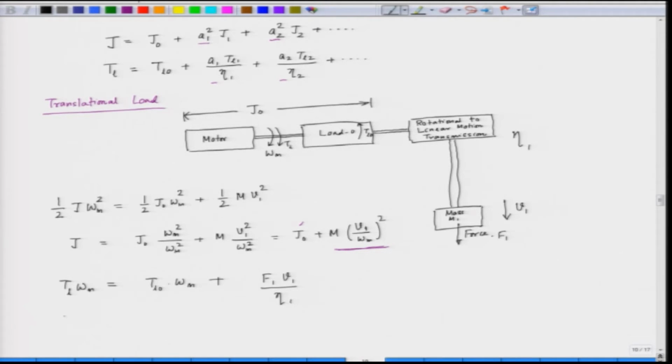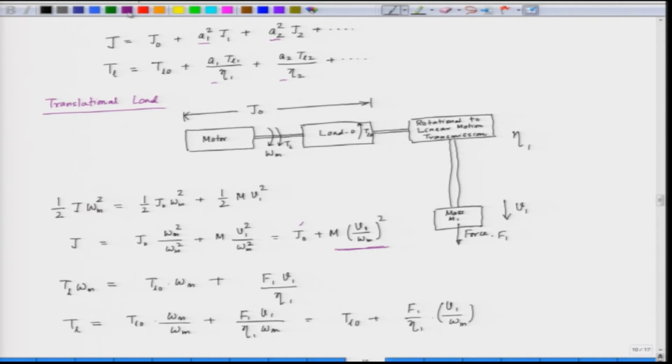So, if we see the effective load torque seen by the motor, that is equal to T L naught into omega m by omega m plus F 1 v 1 by eta 1 omega m, that is equal to T L naught plus F 1 by eta 1 into v 1 by omega m.